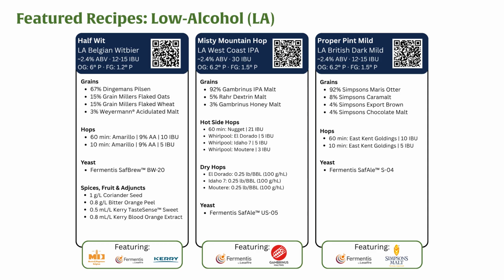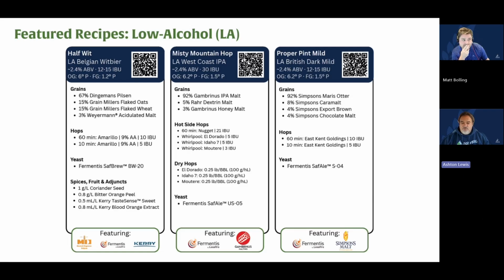So Nit Wit, no alcohol, and then we've got the Half Wit, which is a low alcohol recipe, about 2.4% ABV, the same malt bill, same hops, and a lot of the same spicing and fruit flavoring additions, but a key difference is we're using the Fermentis Safbrew BW20 in this one. You'll notice that we used a different yeast, so we're not using a maltose negative yeast. We've also upped the gravity a little bit, so our OG is 6 Plato, and other than that, it's a similar recipe.